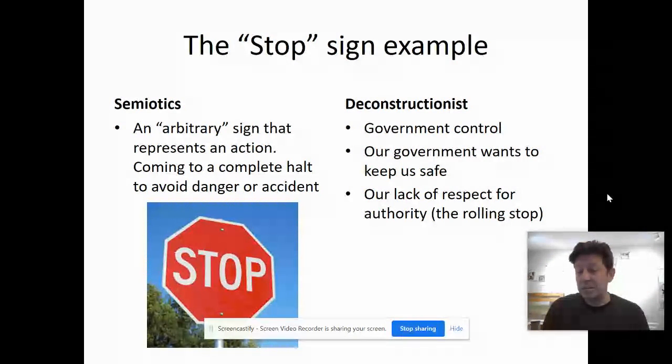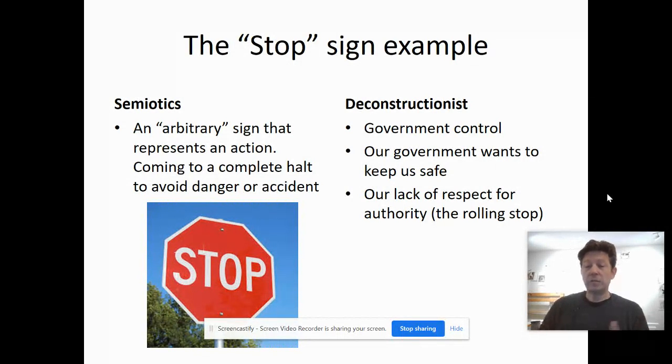But a deconstructionist could say, well, there's a choice there, right? Like, I don't have to stop just because a sign puts that up. But if I do, does that mean that I have faith in government? Like they put that up there to protect me because they want to protect me because they're good, right? And so I will follow that stop sign because I believe in the goodness of government and laws.